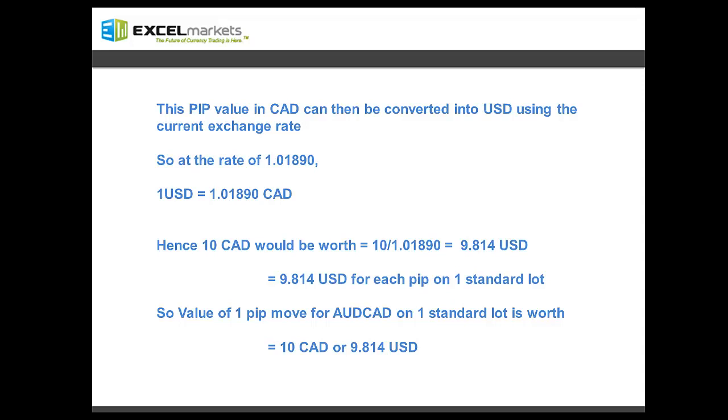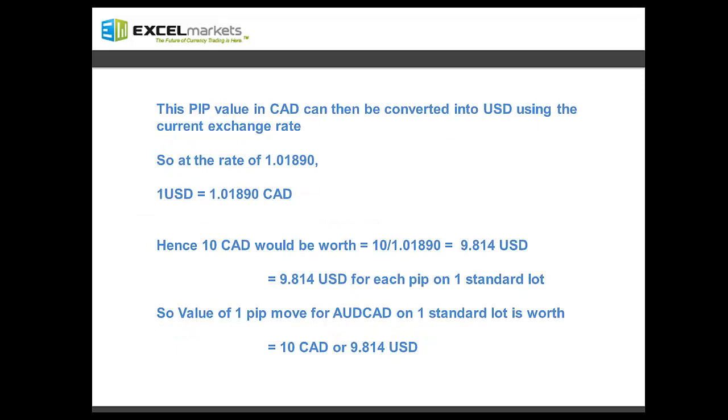We calculated the value of 1 pip of AUD CAD for one standard lot as 10 CAD or 10 Canadian dollars. Now, if your trading account is in US dollars, then you can simply use the USD CAD or the US dollar against Canadian dollar rate to get the value of those 10 Canadian dollars in US dollar terms.